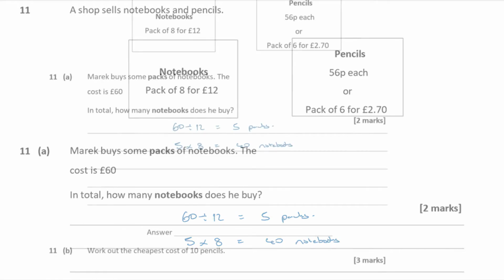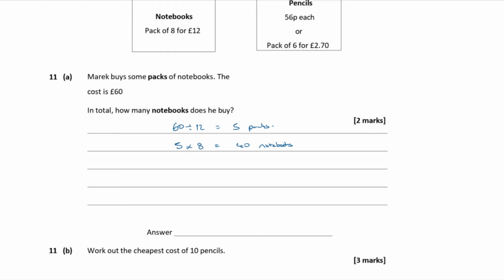Part B says work out the cheapest cost of 10 pencils. Well, there's 3 different things you could do here. You could buy 10 single pencils at 56p each. Or you could buy 1 pack of 6 and 4 singles.